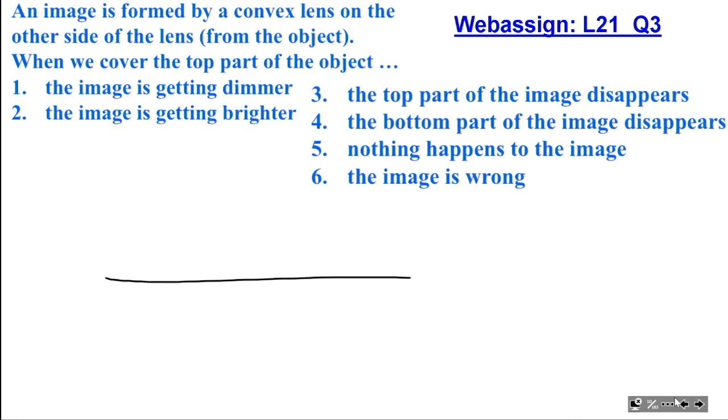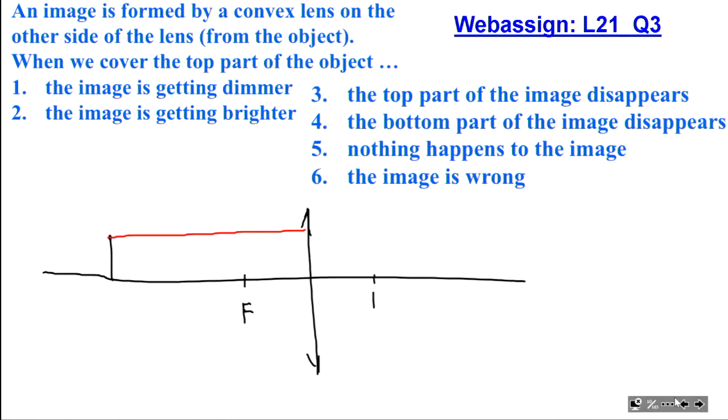very quickly, that's a converging lens. And we have a focal distance, and let's say we have first an object placed far away. So what do we do? First ray, same focal distance. That's going to be an image.